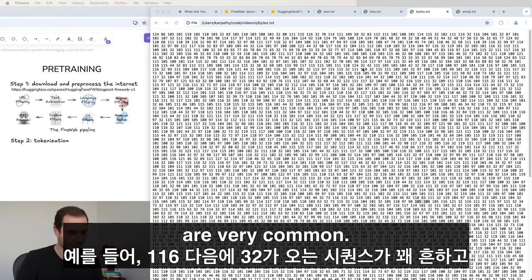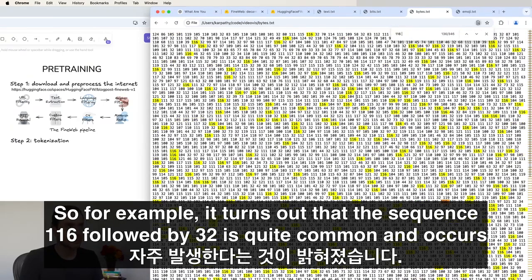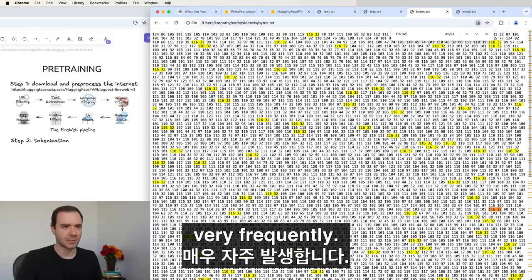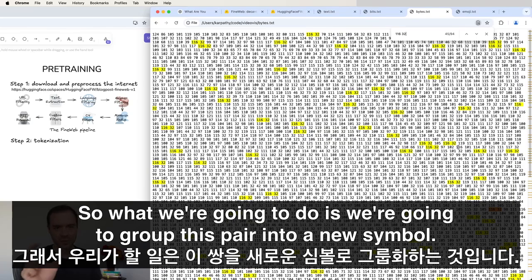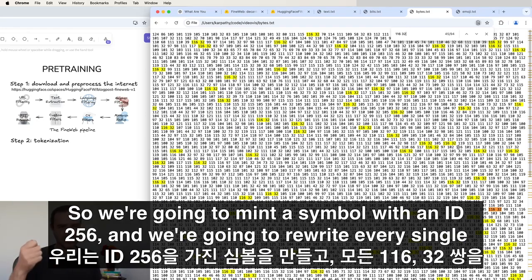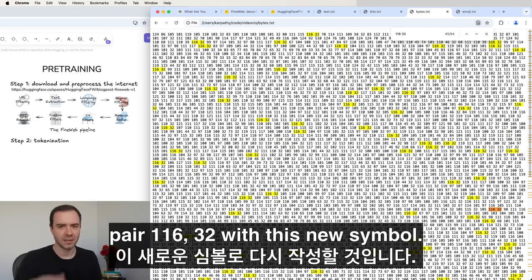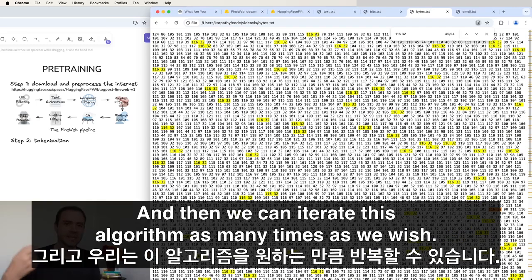So for example, it turns out that the sequence 116 followed by 32 is quite common and occurs very frequently. So what we're going to do is group this pair into a new symbol. We're going to mint a symbol with an ID 256, and we're going to rewrite every single pair 116, 32 with this new symbol. And then we can iterate this algorithm as many times as we wish.